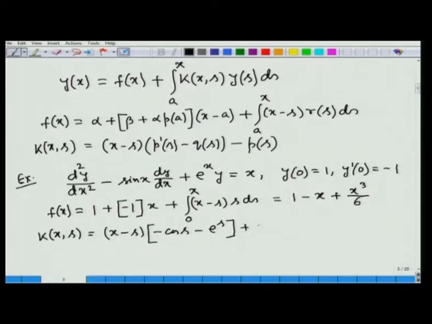So, it will be plus sin s. So, this is equal to sin s minus x minus s multiplied with cos s plus e to the power s.